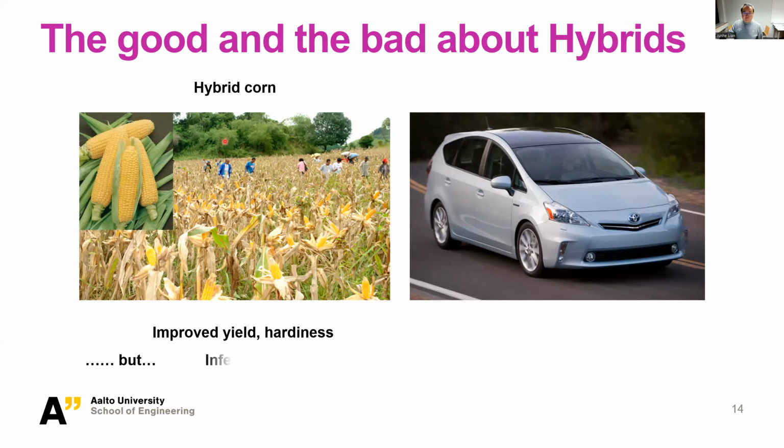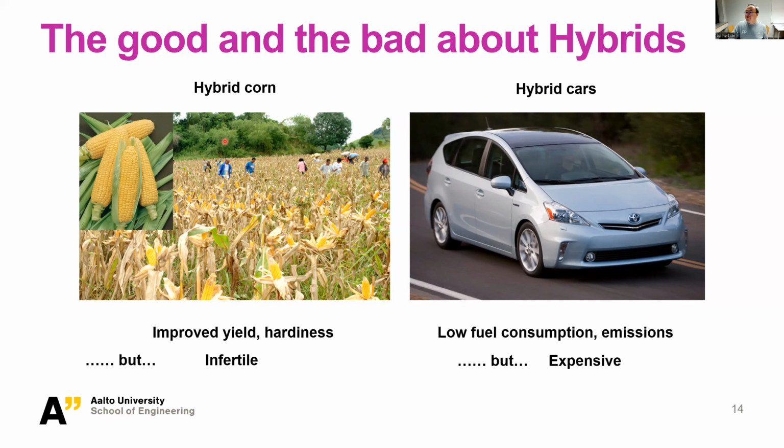But it is very infertile. Yeah. And the same applies to our engineering materials. When we have hybrid cars, you know, they're low fuel consumption, very good for the environment, very low emissions, and so on. But they're expensive, right?